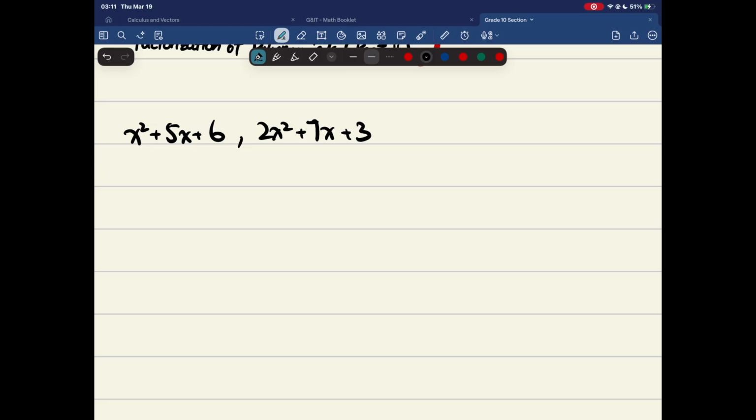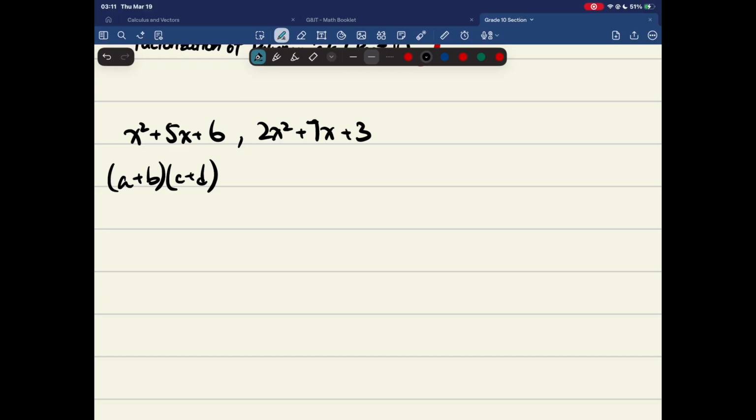These are trinomials. And if we're factorizing them, we would want to write them as a product of two binomials. For example, a plus b multiplied with c plus d.